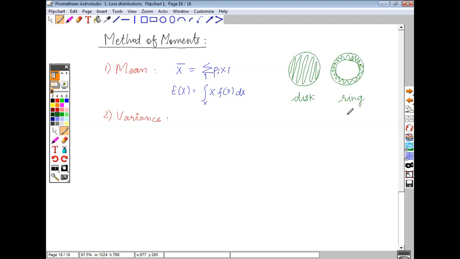So this is widely used in physics as well, and this application is from the physics part of it. So whenever I'm talking about the mean, what I essentially mean is the center of mass.